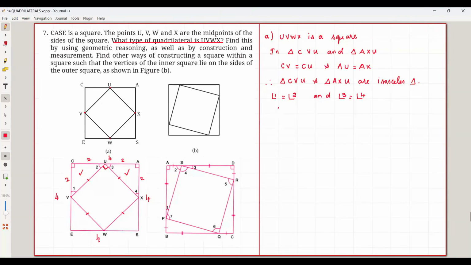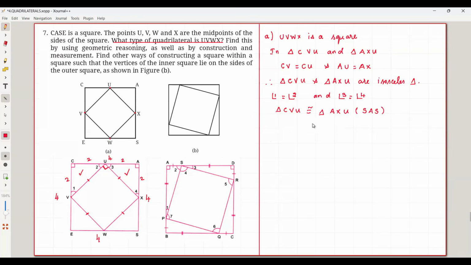Just recall the congruence of triangle property. Triangle CVU is congruent to triangle AXU based on the side-angle-side rule. By the SAS rule, these two triangles are congruent.